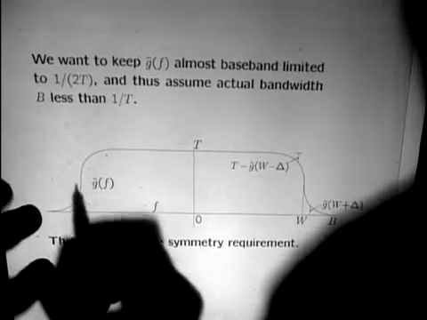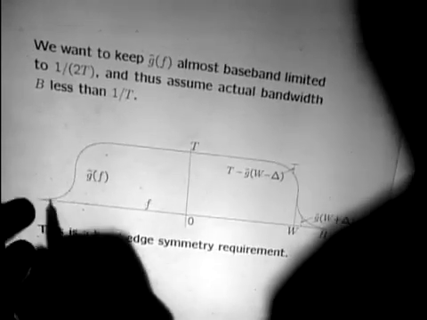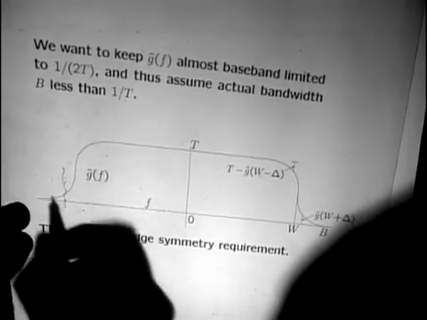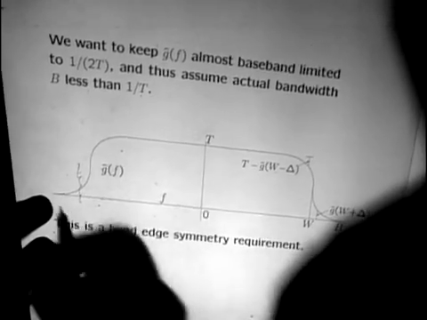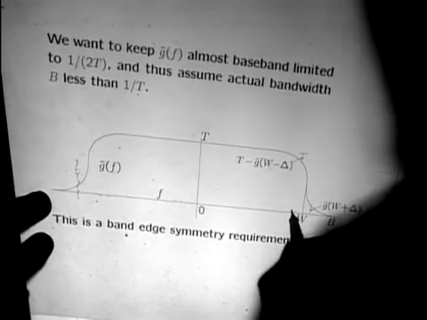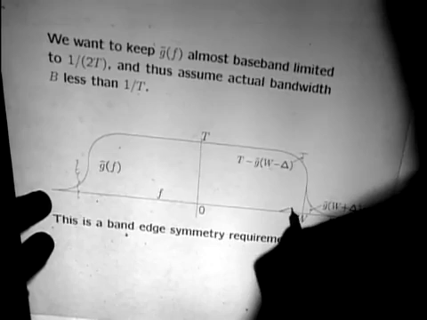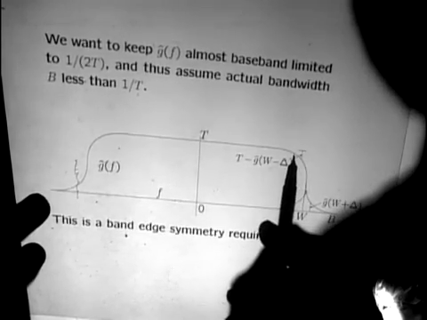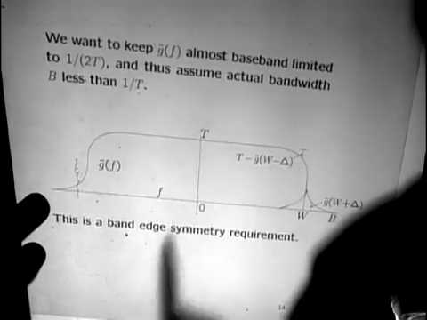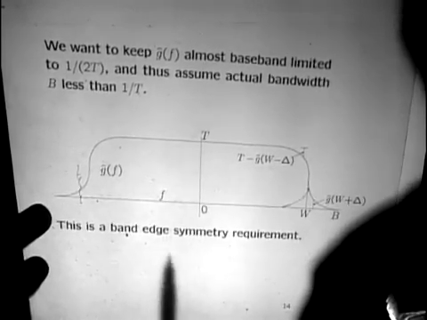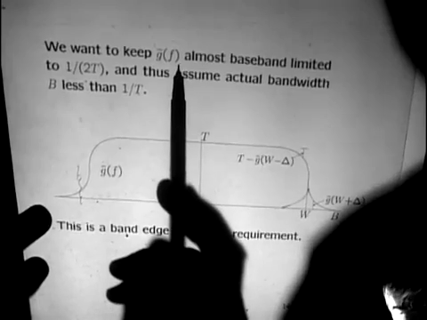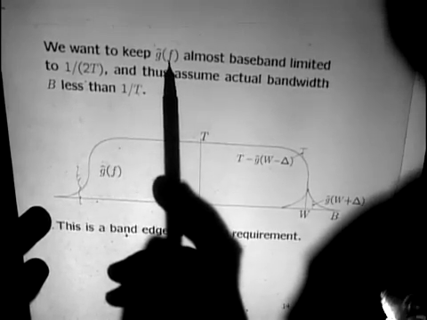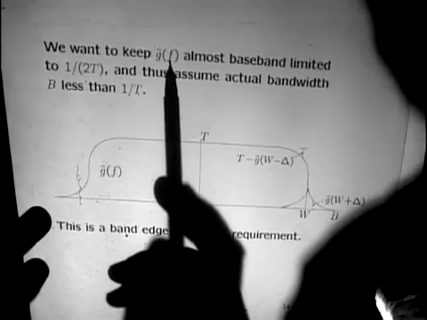In other words, let's take this one here. This thing here gets translated over to here and added to this. Okay, this is assuming that g hat of f is real, and we're ignoring the complex part of it.